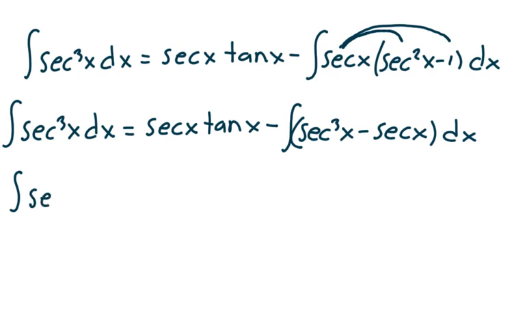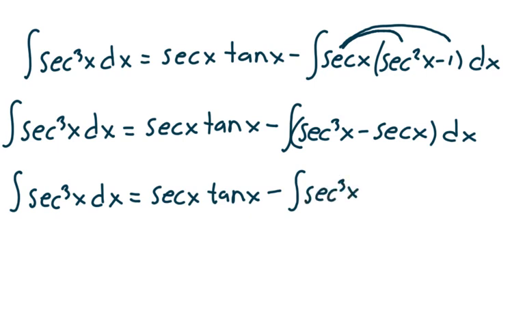So the integral of secant cubed x dx is secant x tangent x minus the integral of secant cubed x dx plus the integral of secant x dx. So remember, a negative times a negative is a positive, which is why I ended up adding the integral of secant x dx.